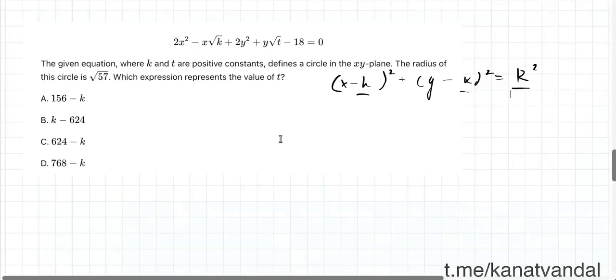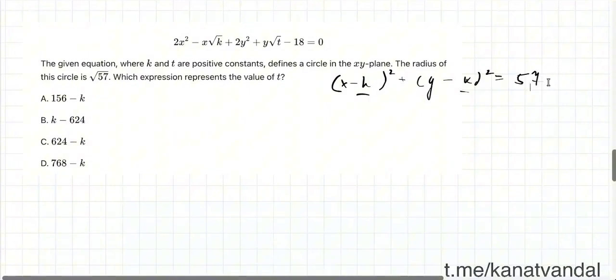The general form does not contain this information. This is a problem because we are given that the radius is equal to square root of 57, and hypothetically we could replace it here: square root of 57 squared, which is equal to 57.